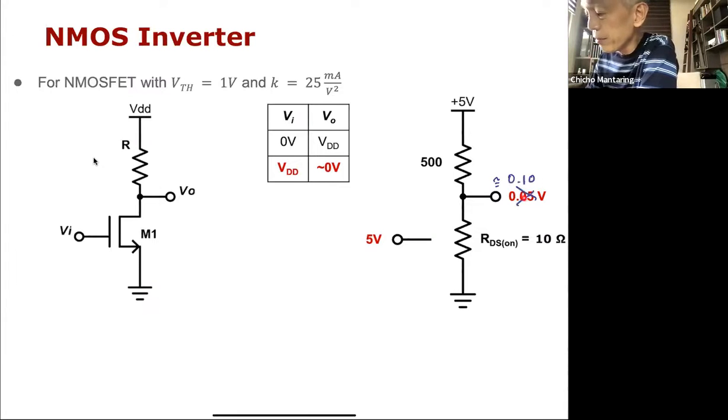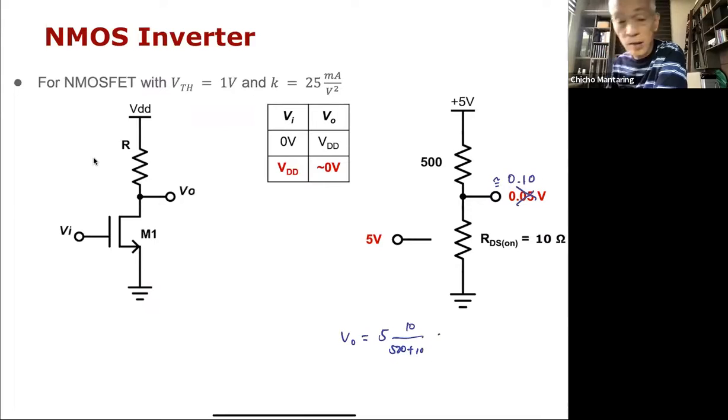Sorry, mali ito. Because VO is equal to 5 times 10 all over 500 plus 10. If you wanted to be exact about it, that's about 0.098.